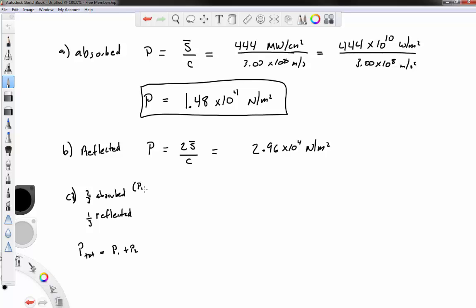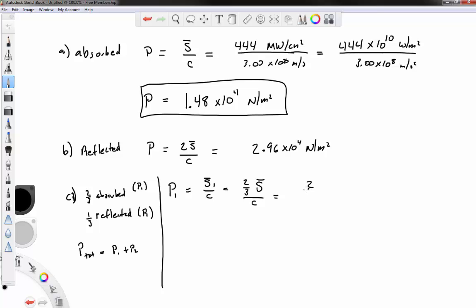P1 is due to the absorbed part, P2 is due to the reflected part. So P1 should be S1 over c, where S1 is actually 2/3 of S. So we would have 2/3 of S over c.